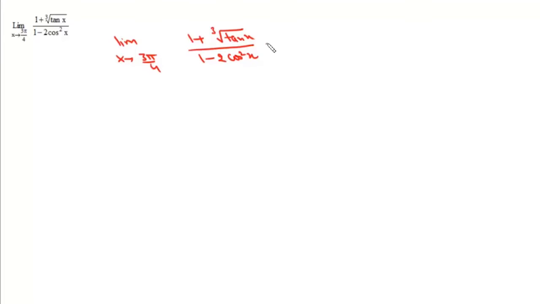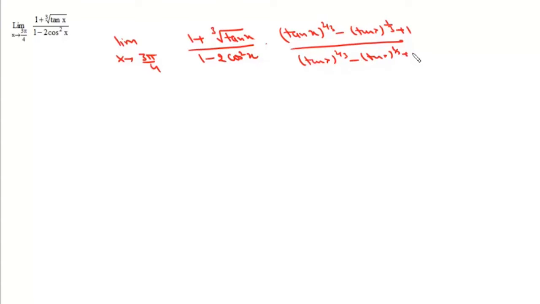Now what we'll do is, we'll rationalize it using (tan x)^(2/3) minus (tan x)^(1/3) plus 1, and here also it will be (tan x)^(2/3) minus (tan x)^(1/3) plus 1.